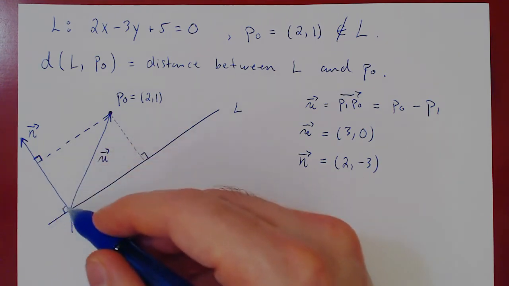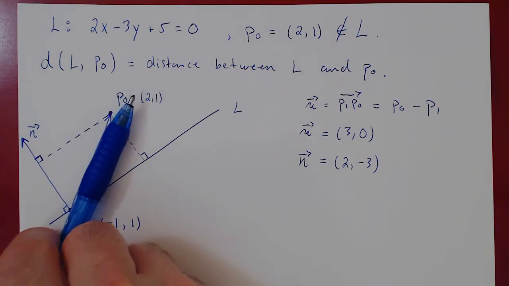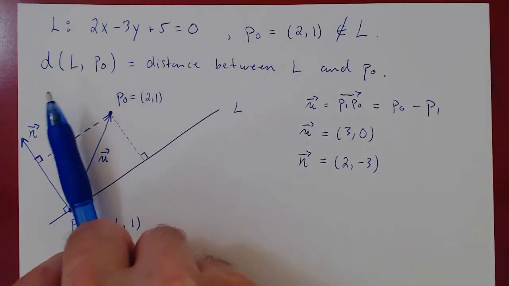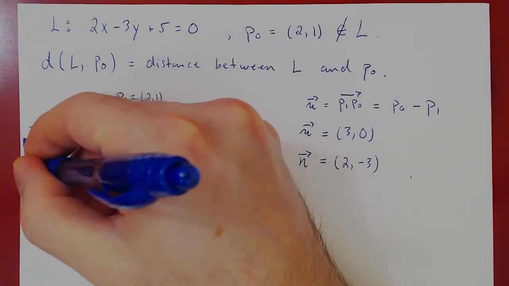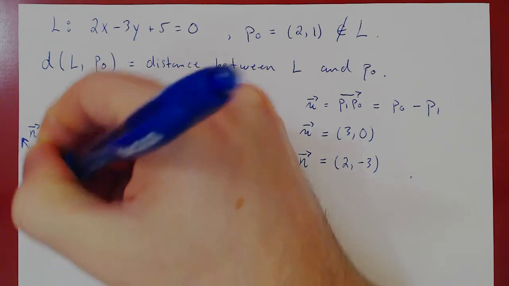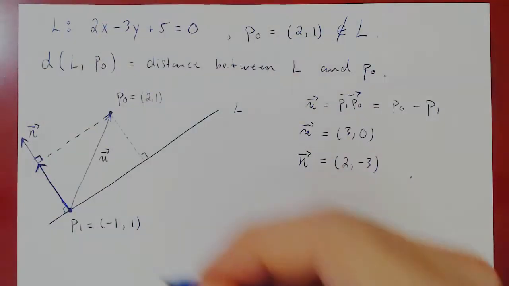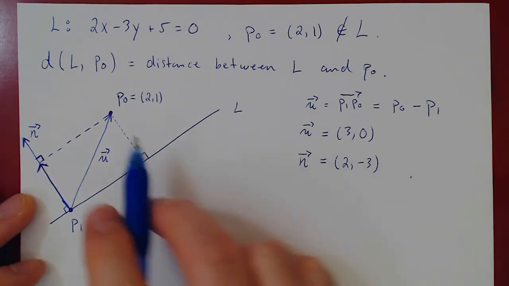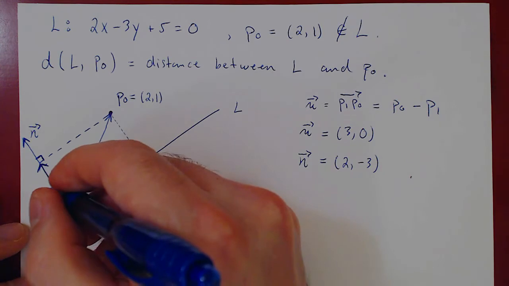But what is this segment? It is the projection of vector u onto vector n. So the vector right here is the orthogonal projection of u onto vector n.